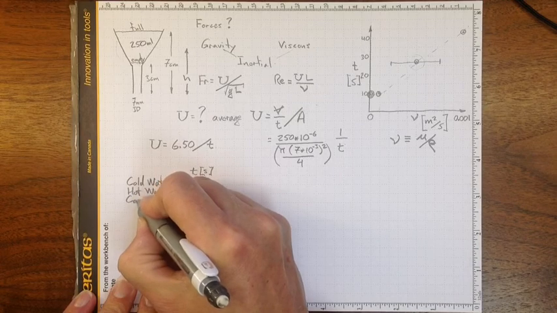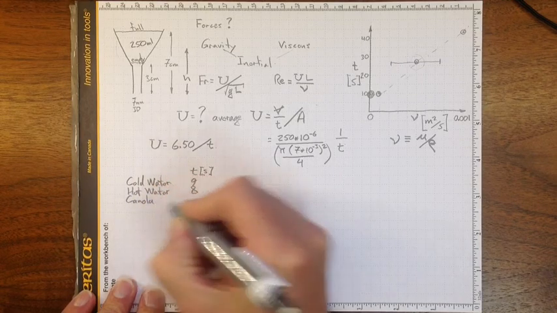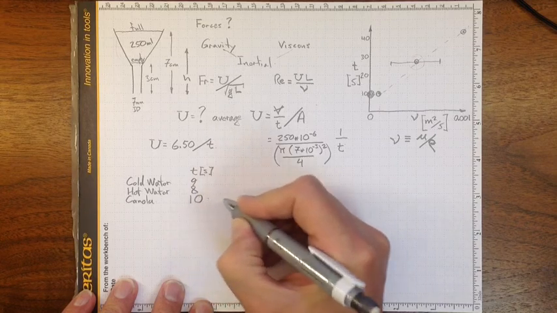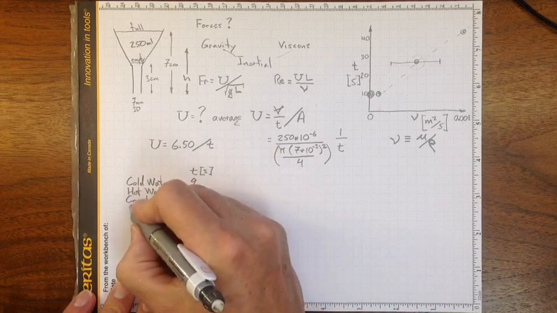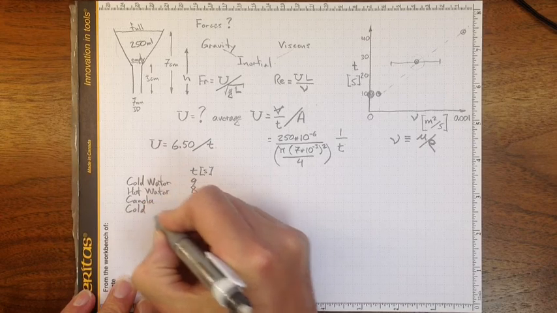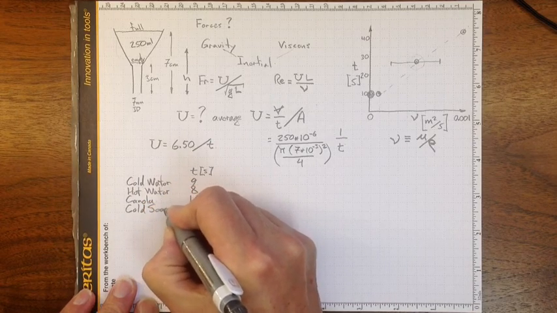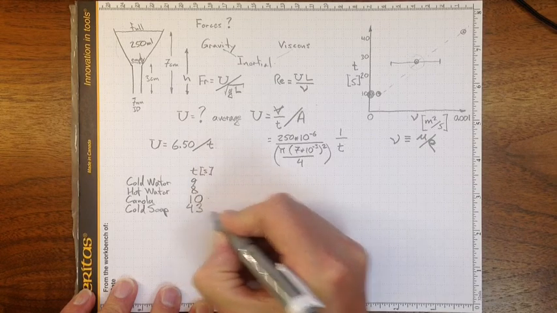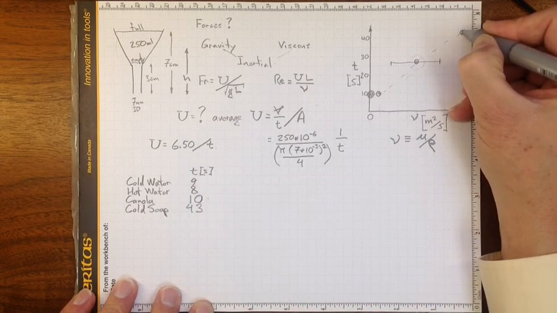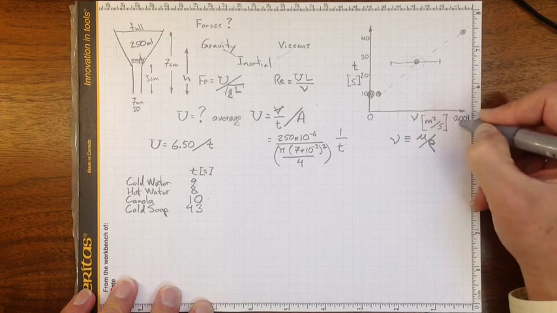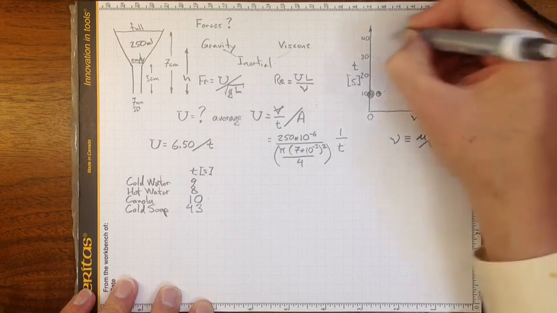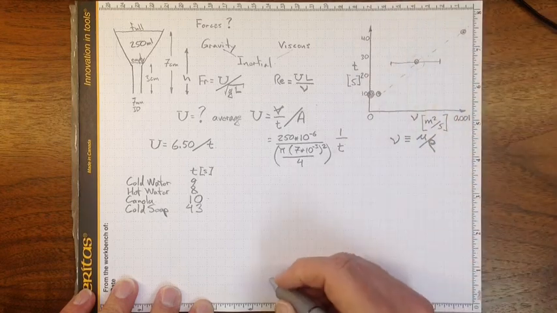And when I tested with room temperature canola oil, it took about 10 seconds, a little slower. Cold dish soap took about 43 seconds, so a lot longer. That's this data point up here. Viscosity of about 0.001 and 43 seconds for it to come out of the funnel.